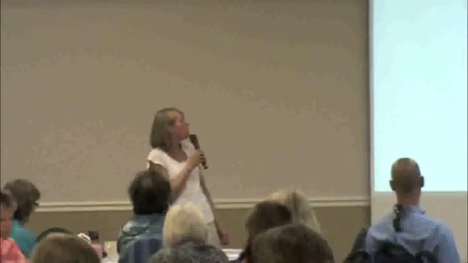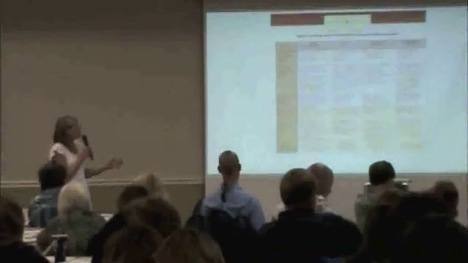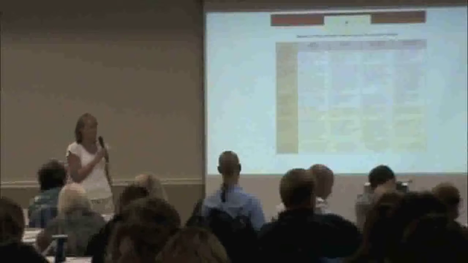Highly effective would be an expert in the subject area and has a cutting-edge grasp of child development and how students learn. Effective would be knowing the subject matter well and having a good grasp of child development and how students learn. And then improvement necessary is somewhat familiar with the subject, has a few ideas of ways students develop and learn, and then does not meet standards, has little familiarity with the subject matter and few ideas of how to teach it and how students learn.